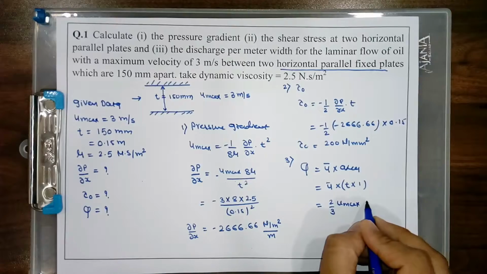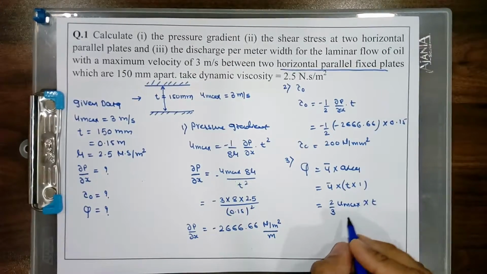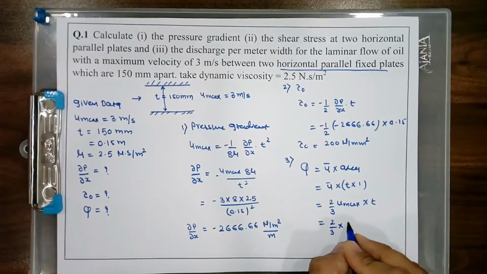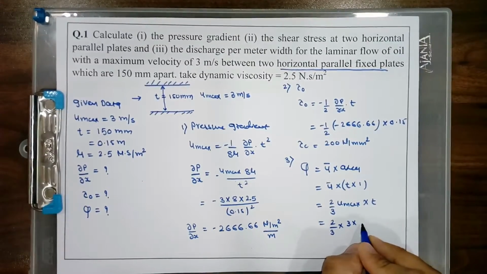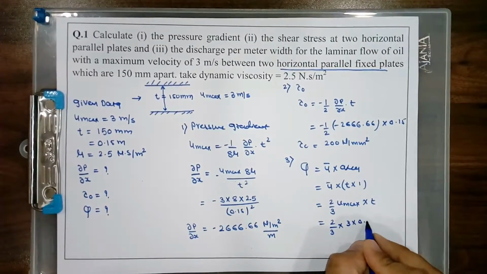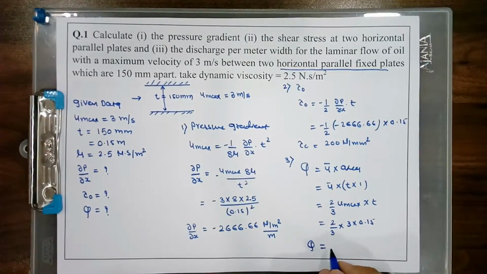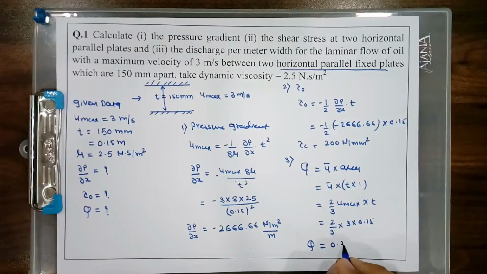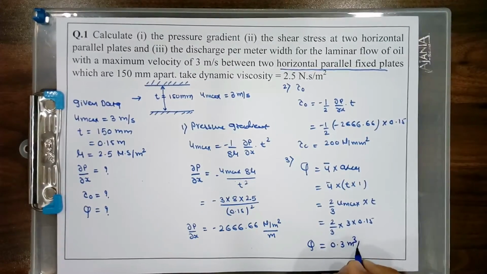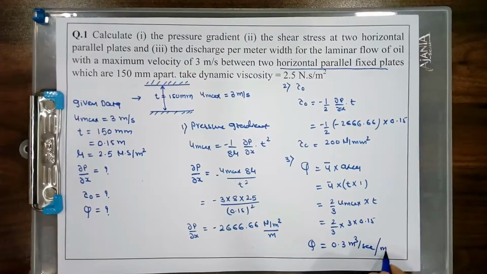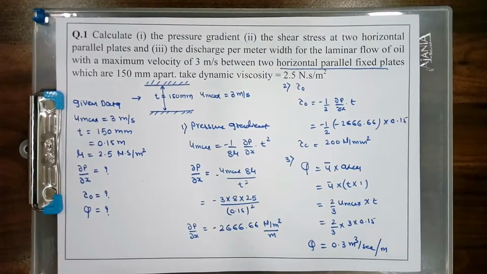So we put down that relation and multiply with T. We get 2 by 3, U max is 3, into T having a value of 0.15. So our final answer for discharge is 0.3 meter cube per second per meter of width.